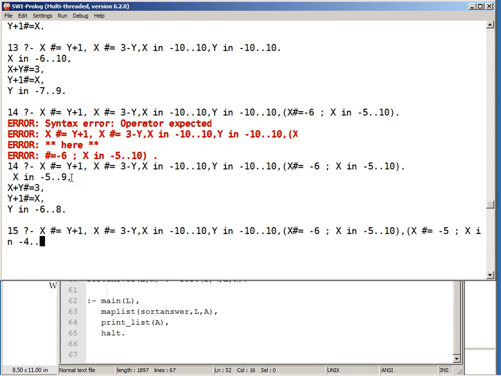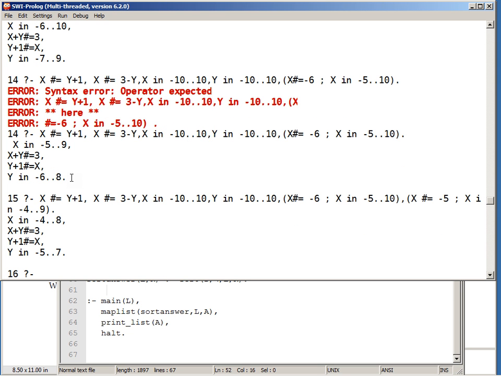Again, minus 5 will not produce a solution. So we're left with minus 4 to something, but the upper limit has shrunk here. The shrinkage of the upper limit of x will lead to a shrinkage in the upper limit of y, and we know for sure now that the domain is even smaller.